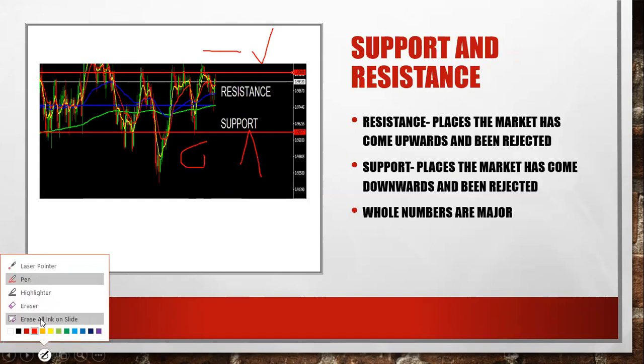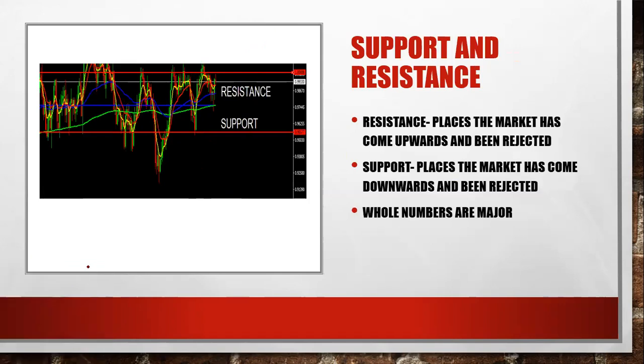Okay, and some things you want to look for is this. You preferably want the market to have come to an area of resistance or support 2 times or more and been rejected. You can see here clearly it came to this area once, twice, 3 times, and was rejected. That is a clear area of resistance. Plus, it's on a whole number.